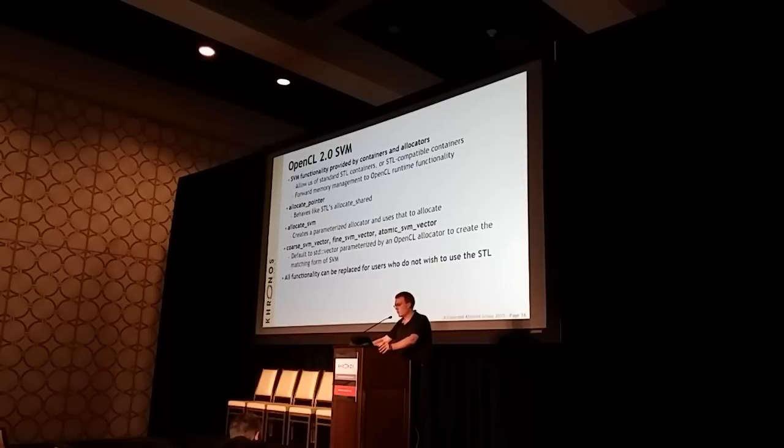So we're providing interfaces that allow you to allocate shared virtual memory underneath STL-style vectors, underneath smart pointer abstractions and so on, and give access to that through the system. And some of these are included, so we have a coarse SVM vector, for example, which really is just a standard vector interface with a particular allocator plugged in. So it is just building on standard C++ techniques.